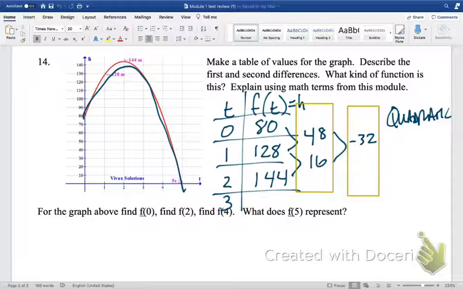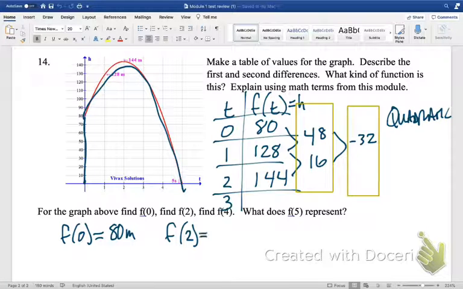So we're trying to find at 0 seconds how high off the ground is this object. So when the time is 0, we know that we are 80 meters off the ground. At 2 seconds, we know that we are 144 meters off the ground.